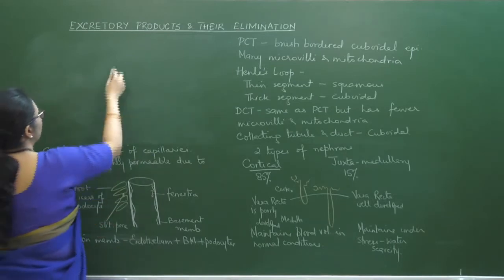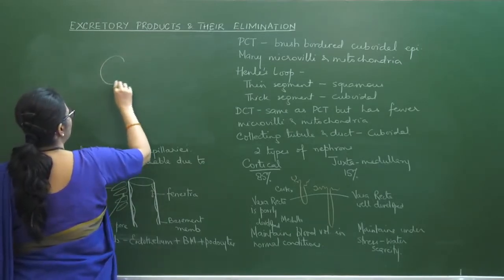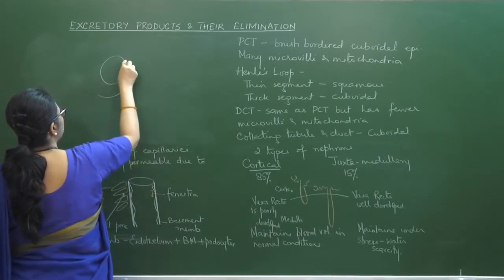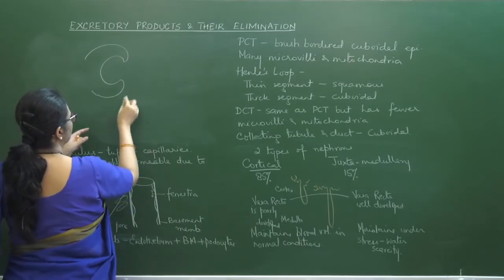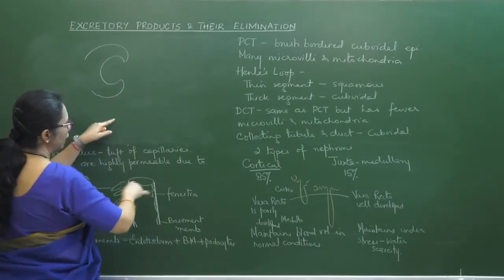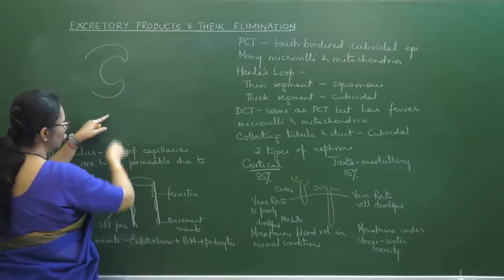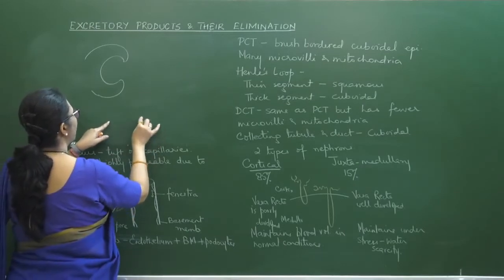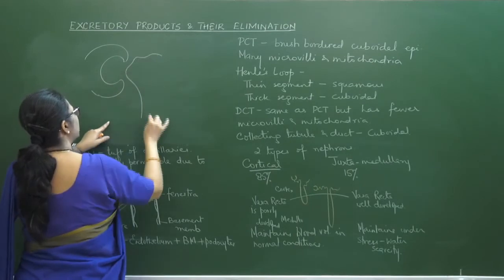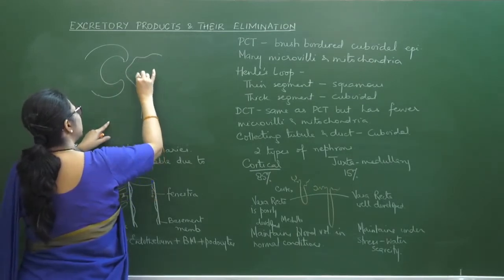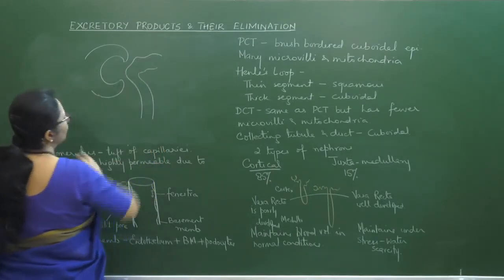Now you see here, yesterday when we had drawn, this was how the Bowman's capsule is. I am not drawing the whole part, and you have seen that the descending limb, the Henle's loop, goes down, and when it comes up, before the DCT starts, it is very near to this place.